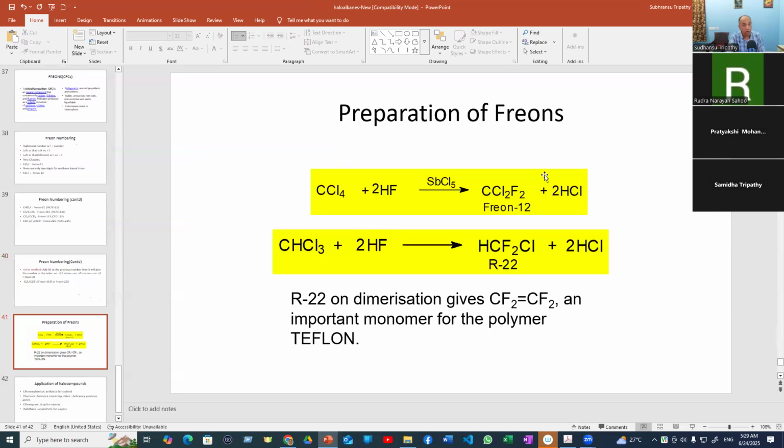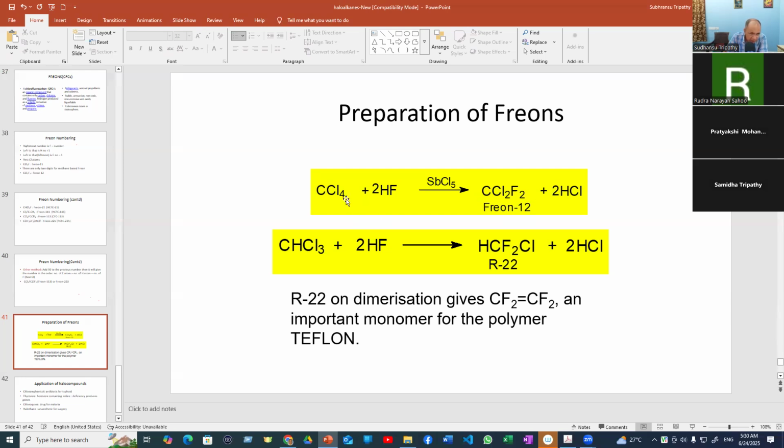And then let us know how freons are prepared. Simple freons, Freon 12. 12 means 1 minus 1, no hydrogen, 2 fluorine, and nothing is there means 0. That means 1 carbon. It is methane based CFC, Cl2F2C.